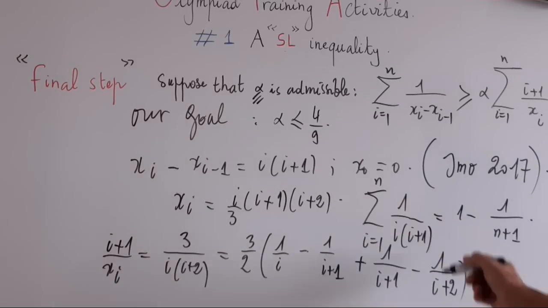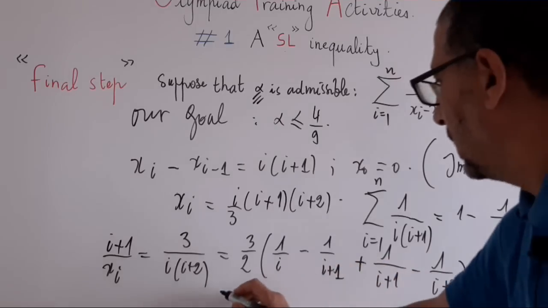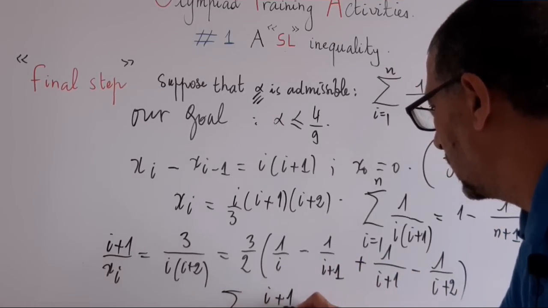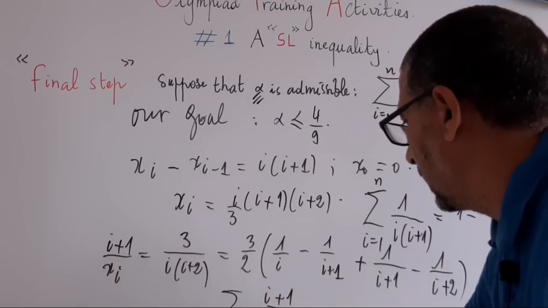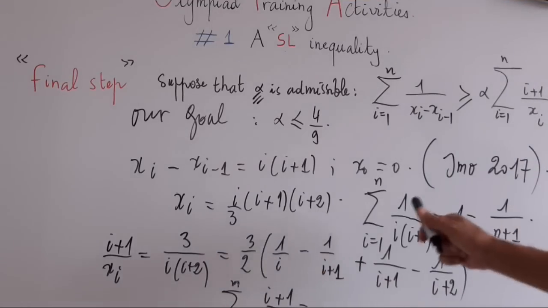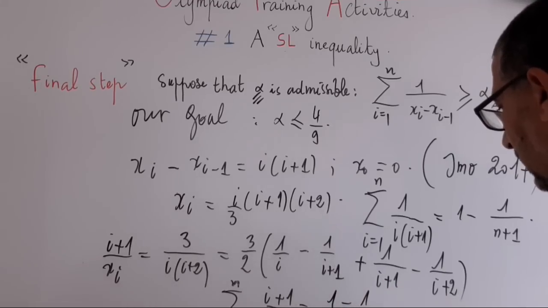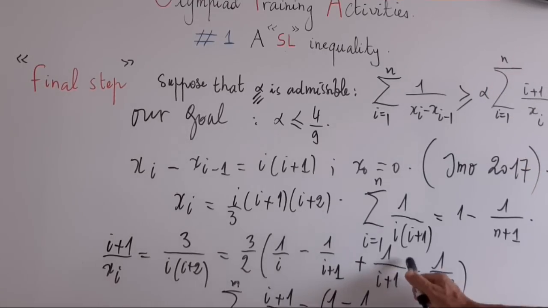When summing over i from 1 to n, we will find that this summation is equal to the first term here, 1 minus 1 over n plus 1, and the second here is equal to 1 half minus 1 over n plus 2.